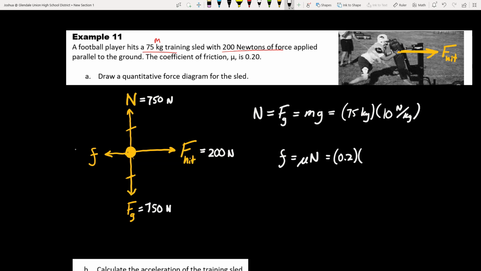And the normal we just figured out is 750. So once we calculate that, we get that it's 150 newtons. So I know my friction force is 150. Okay, so now all of my forces have numerical values, which makes this a quantitative force diagram.